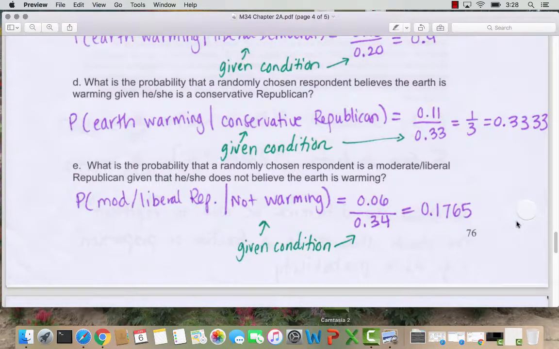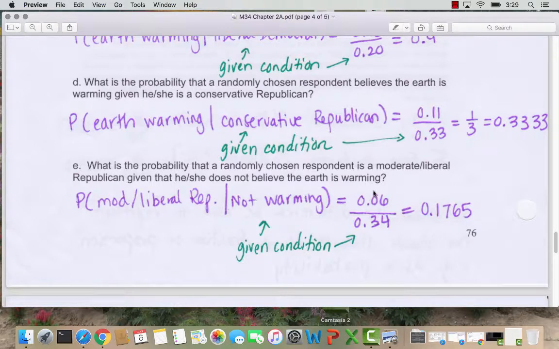Question E asks us to find what is the probability that a randomly chosen respondent is a moderate liberal Republican given that he or she does not believe that the Earth is warming. So now they've changed the given condition to be that the Earth is not warming. So our denominator is that 0.34 column total of the not warming column.